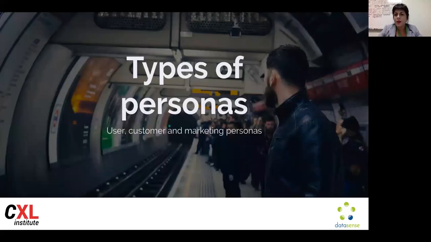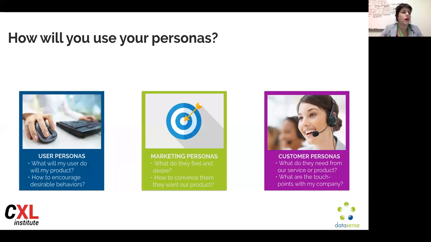All right, so let's start with an overview of what type of personas your organization might need. This is not a comprehensive list of personas, but you can have different needs for different types of personas, right? So for example, user personas will focus more on what my user will do with my product. And of course, as an action item, you may want to know how to encourage desirable behaviors on those personas.